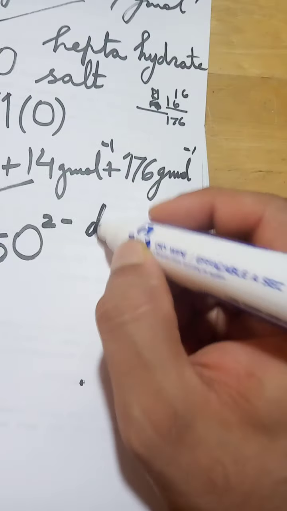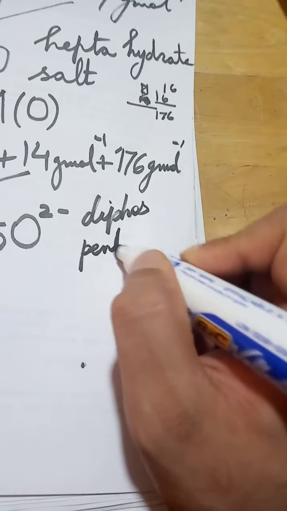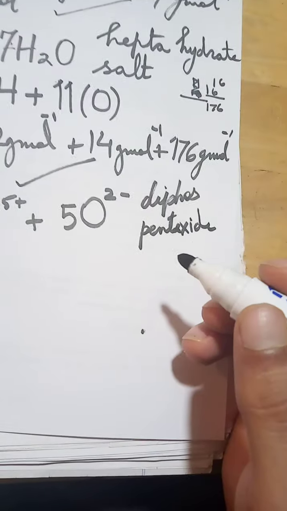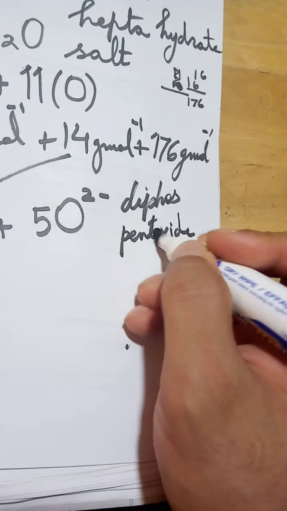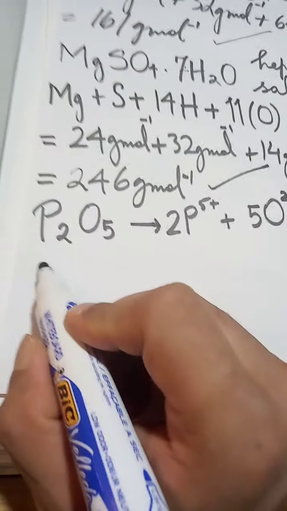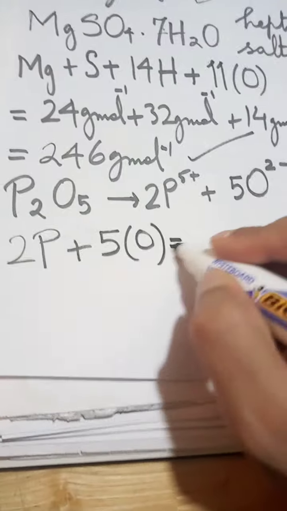Diphosphorus pentoxide, that's how you write it in short terms. And it would be 2 atoms of phosphorus, 5 atoms of oxygen.